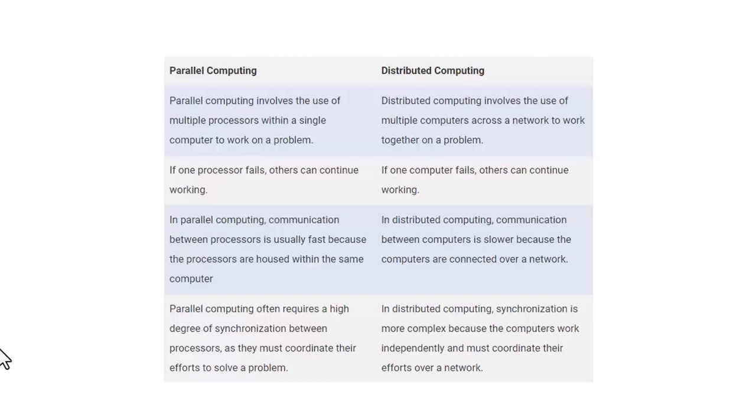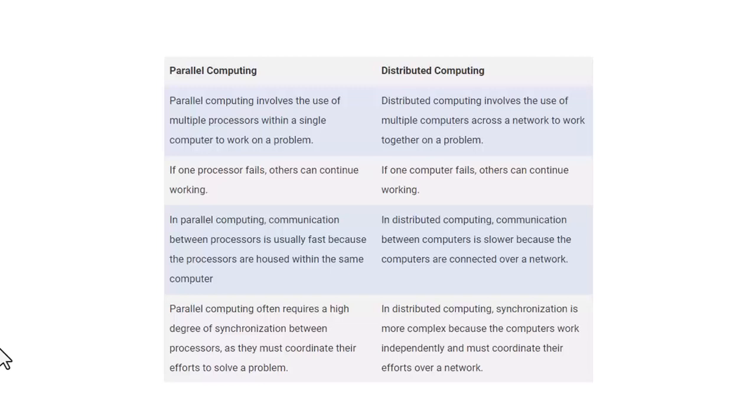If we have 100 nodes and 2 or 3 fail, the performance will not be too much affected, the other computers' resources will manage. But here the whole dependency is on 2 or 3 processors, so if one fails, the task will not be assigned to that processor, and thus performance will be affected.